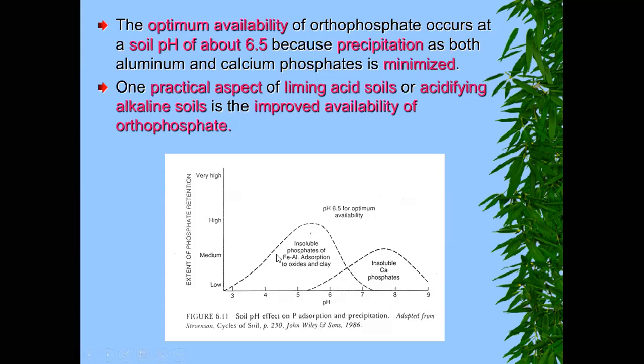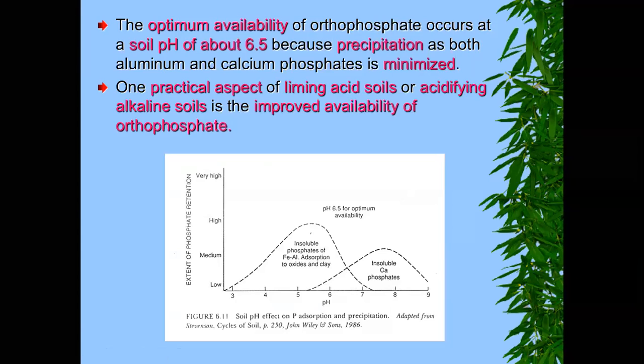So you can see the extent of phosphate retention is minimum at this pH, which is about 6.5. So when retention is minimum, it means the availability is maximum.